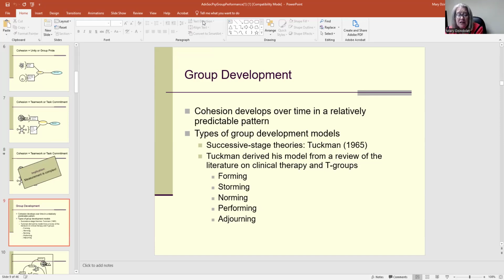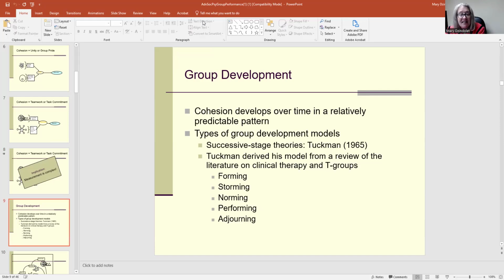And Tuckman actually developed this model by researching the literature on clinical therapy groups and T groups, not on business teams or sports teams or performance teams. So in some ways, it's not my favorite. No, in most ways, it's not my favorite model.